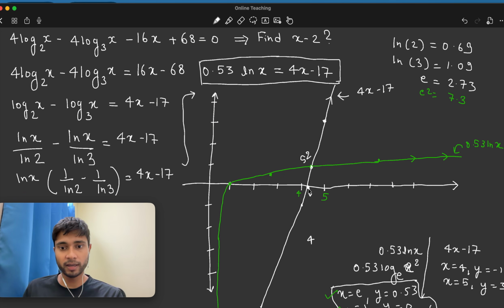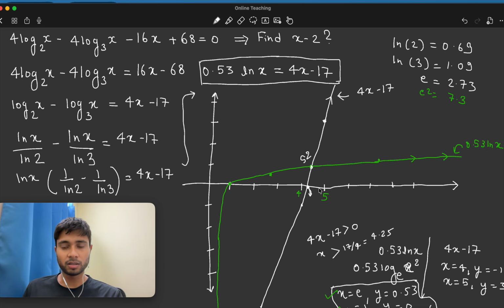So this value should be greater than 0, so x will be greater than 17 by 4, which is 4.25. So x is greater than 4.25.